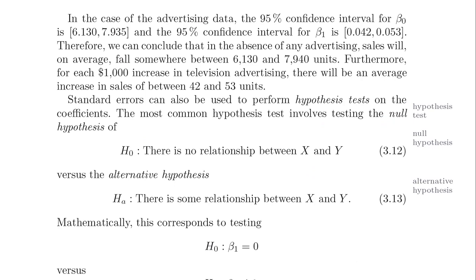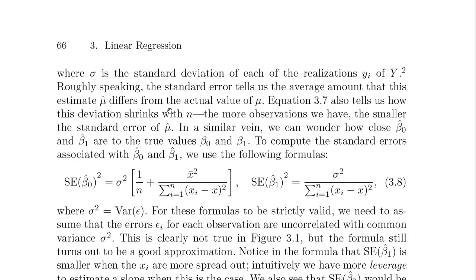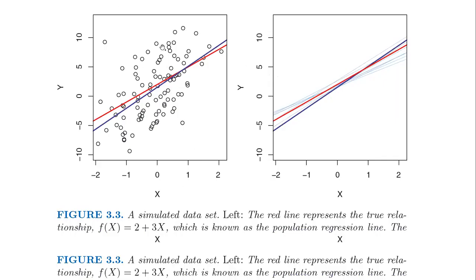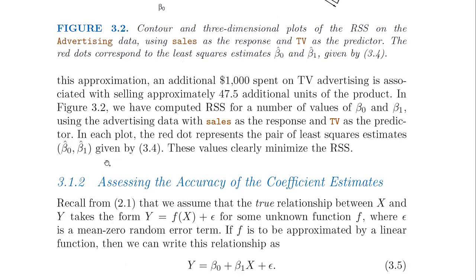Therefore, we can conclude that in the absence of any advertising, sales will on average fall somewhere between, and this is just because these values are in thousands, 6,130 units and 7,940. Okay, this is what you need to go to the board with when you're presenting your results. You cannot simply tell them what was earlier beta naught hat.